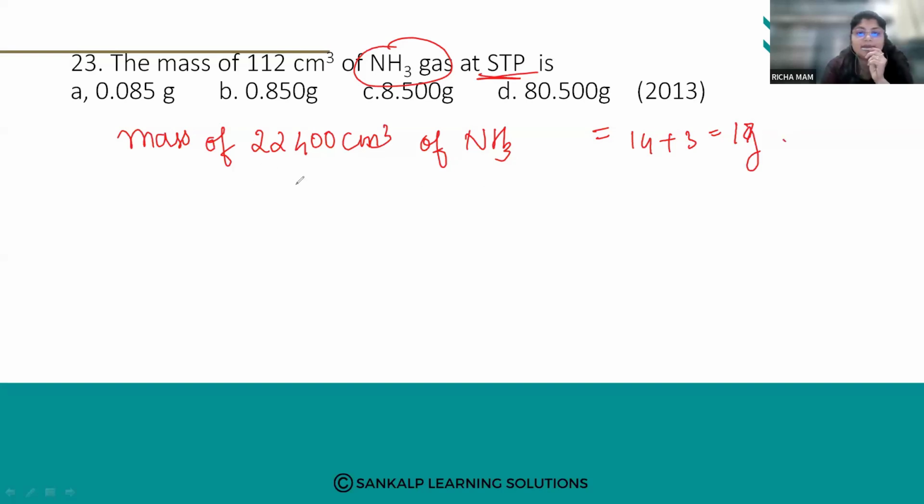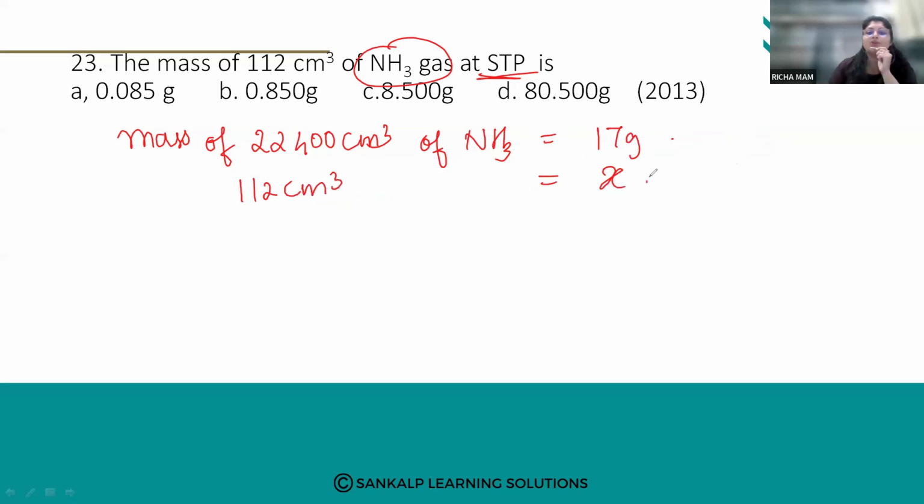So at standard temperature pressure, the mass is calculated as 17 grams. Now for 112 cm cube, how much is it?